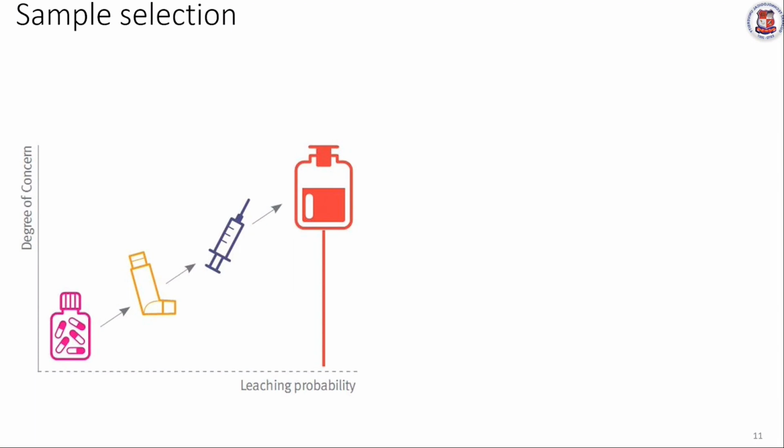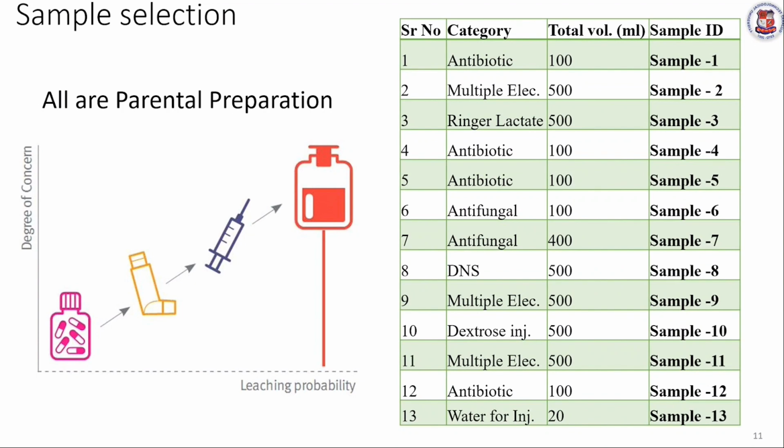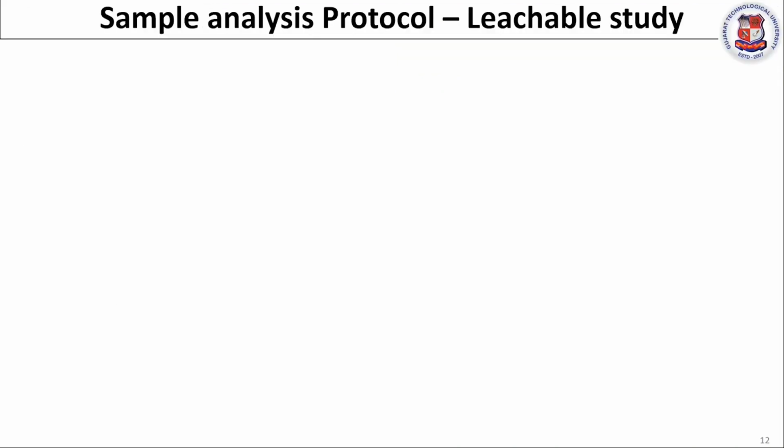Most of our products are parenteral preparations because the leaching probability is higher in such pharmaceutical preparations. So all the selected preparations are parenteral preparations, and the sample IDs are given as sample 1 to 13.